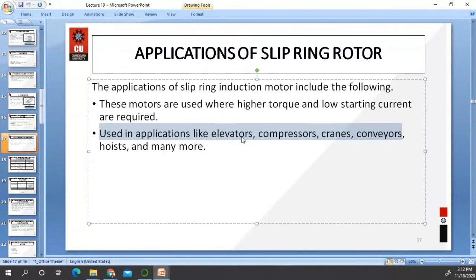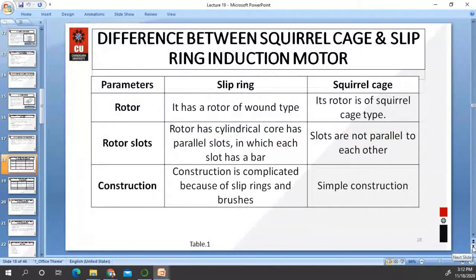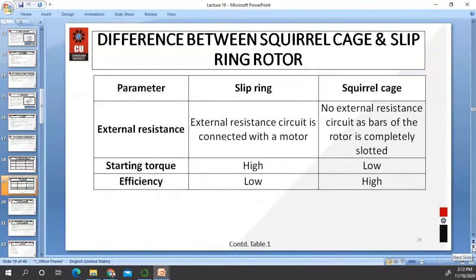Applications include elevators, compressors, cranes, conveyors, hearses, and many more. So we have covered all these points.